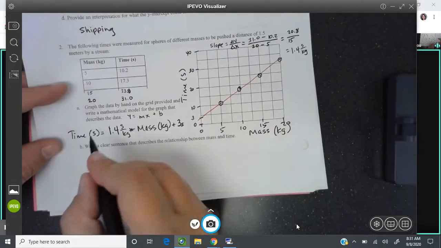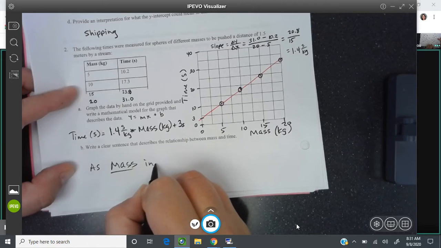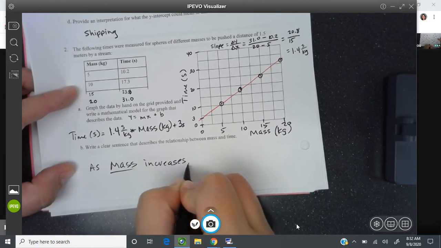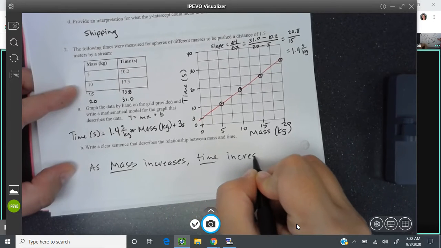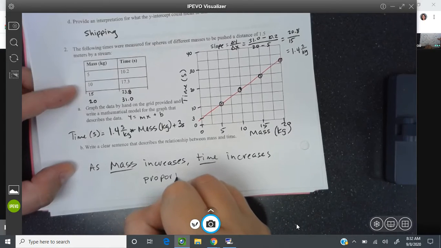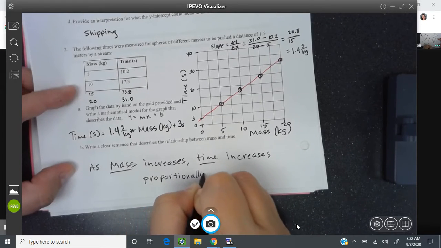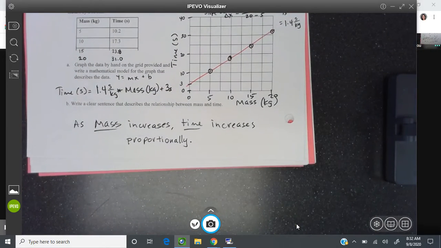So I could say, as mass increases, time increases. So we get that right off the handout.